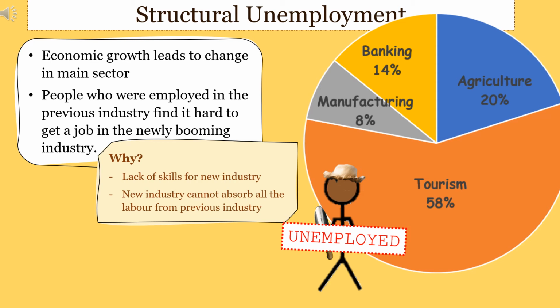This is one example of how structural unemployment has occurred in the Caribbean, and in many cases, scholars and analysts believe that structural unemployment is one of the main types of unemployment that we have seen in the Caribbean in the past decade or so.